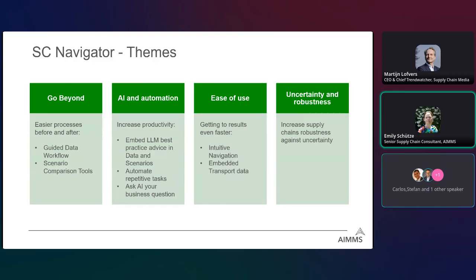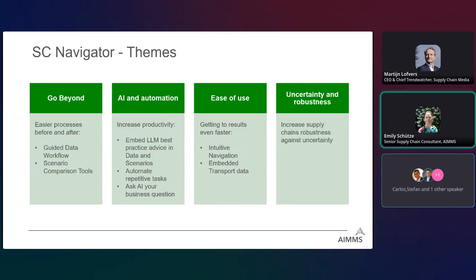So, go beyond. We hear from our customers that the optimization bit of our tool has been made very easy to use already. But as you heard from Aliaxis, the part before you get in the tool, finding the right data and getting it in the right format, is a struggle. And sometimes telling the story after you've done the optimization can be difficult. So we are working on providing technology to make both of those parts easier.